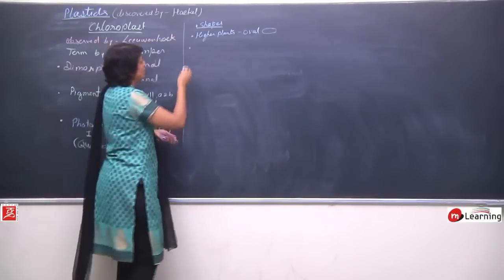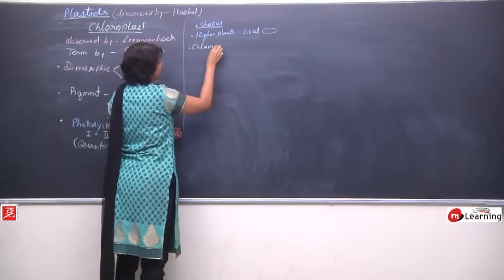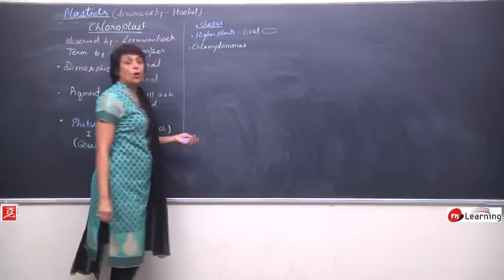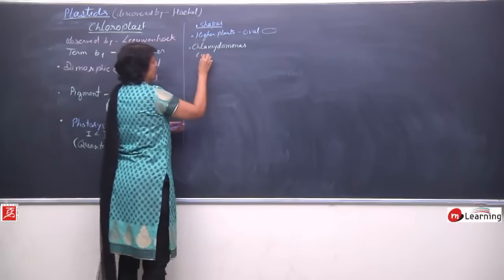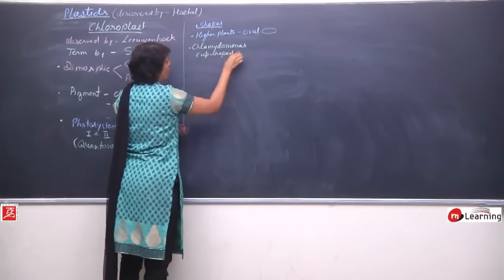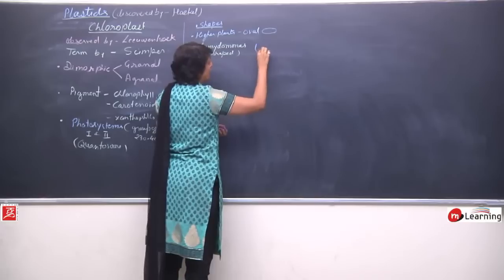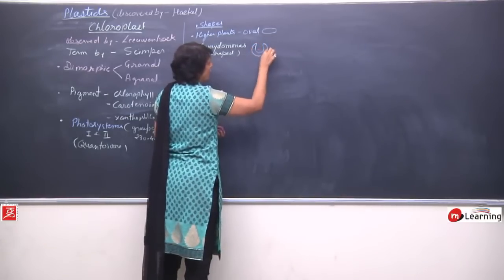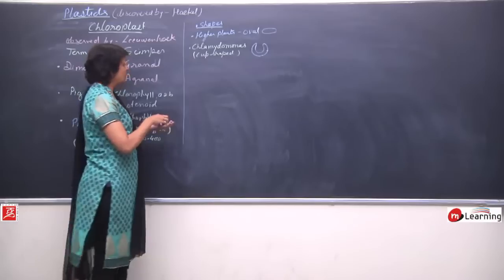In case of a unicellular alga, that is Chlamydomonas, it is horseshoe shaped, which is also known as cup shape. So it can be written as cup shaped or horseshoe shaped. So the chloroplast which we draw is in the form of a cup shape or horseshoe shape, which is seen in case of Chlamydomonas.